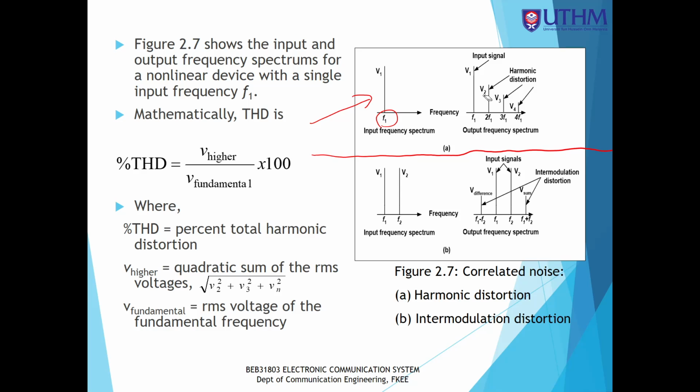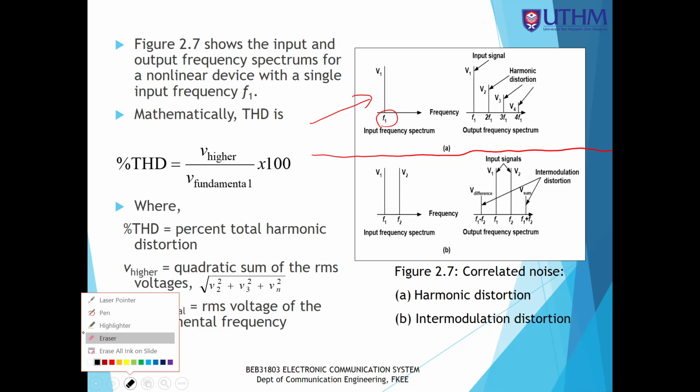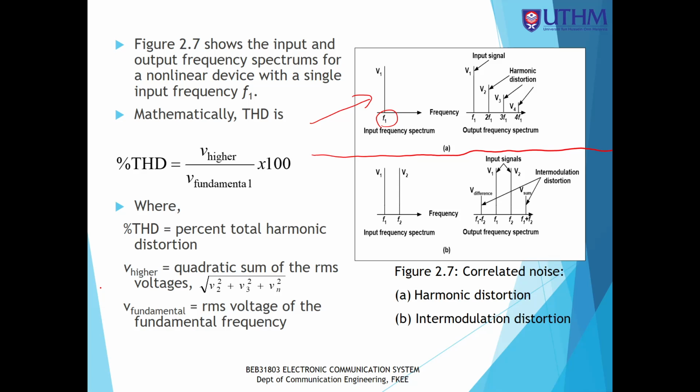Dia punya amplitude adalah V2, V3 dan juga V4. So therefore if you want to calculate the 2nd order harmonic, the second HD is equal to V2 over V1.